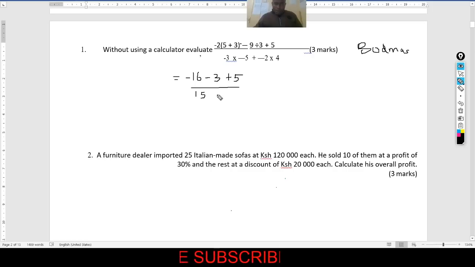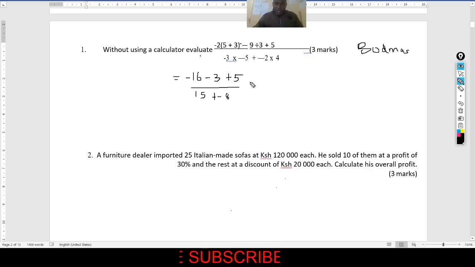Then there is an addition here, I deal with the negative 2 times 4, it gives you negative 8, so plus negative 8 is the same as minus 8.